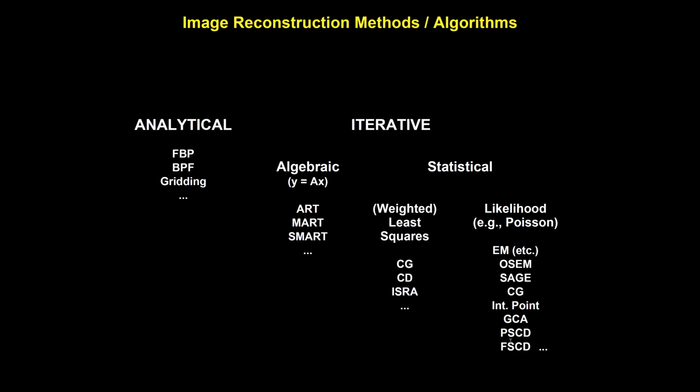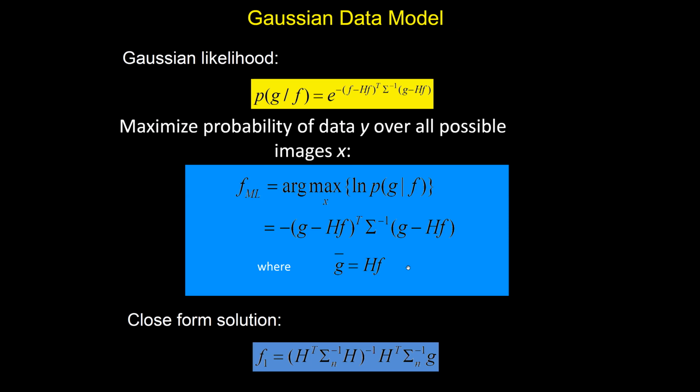So that goes to the second category, which is the one based on a Gaussian likelihood. If you assume that you have enough count, you can approximate your noise by Gaussian noise, then you can write your likelihood. If you calculate the maximum likelihood of this Gaussian probability, then you can get an equation like this.